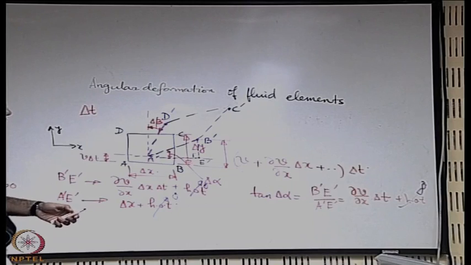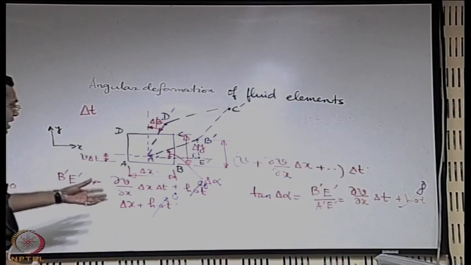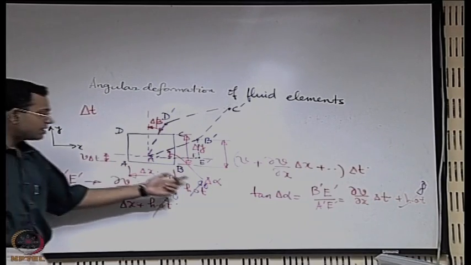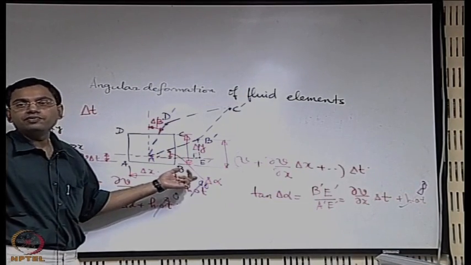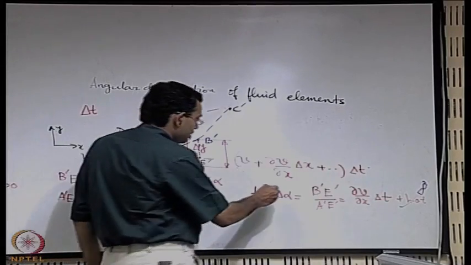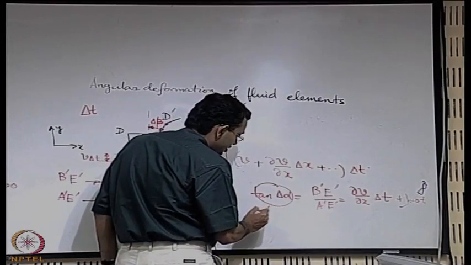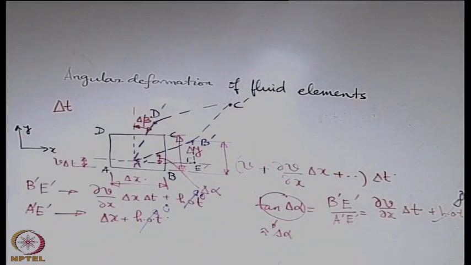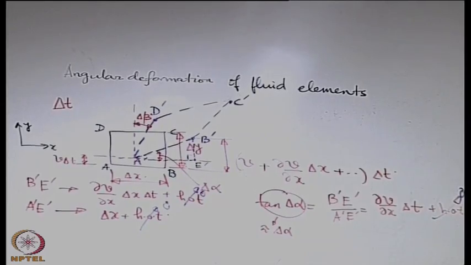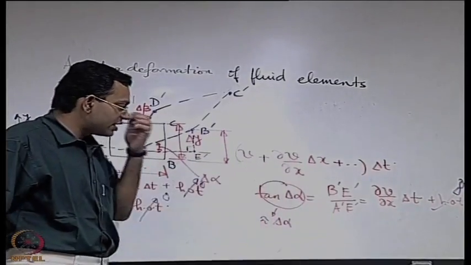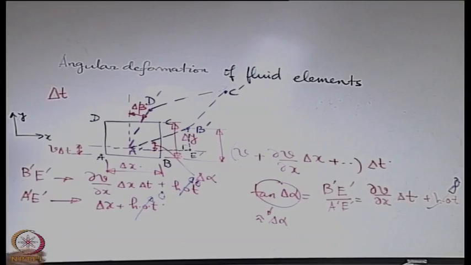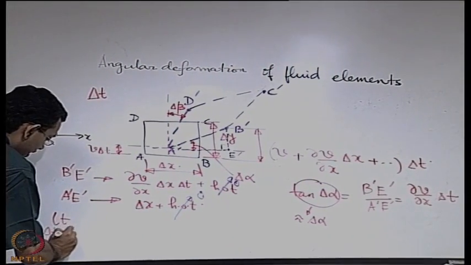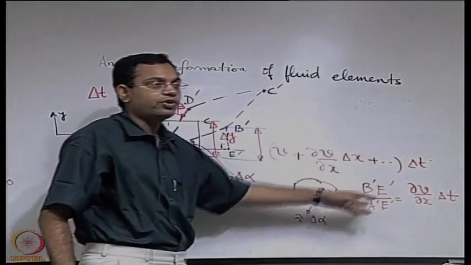In that limit, as we know that if we are allowing a very small time interval delta t, this angle delta alpha also will be very small. So in that case this tan delta alpha is as good as delta alpha. The conclusion from this expression is that we can write this with limit as delta t tends to 0. We have already taken that limit, but now we are just writing it more formally.